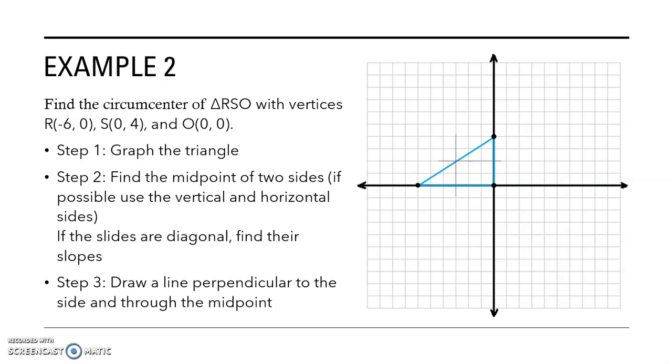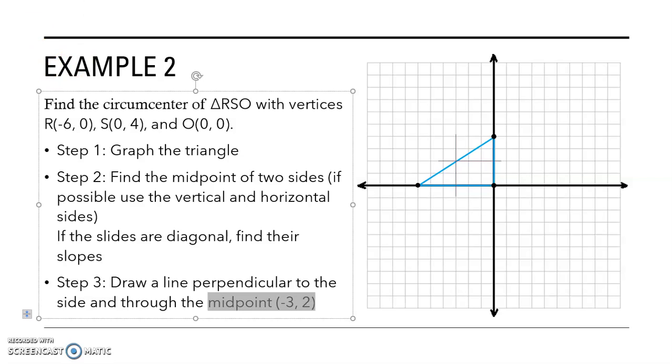Now remember, technically the circumcenter is the point of concurrency of 3 or more lines, but 2 lines can only cross at one point, so technically this point right here is my circumcenter. So I drew my perpendicular lines, and I found out that my circumcenter is the point negative 3, 2. And that's my answer right here, negative 3, 2.